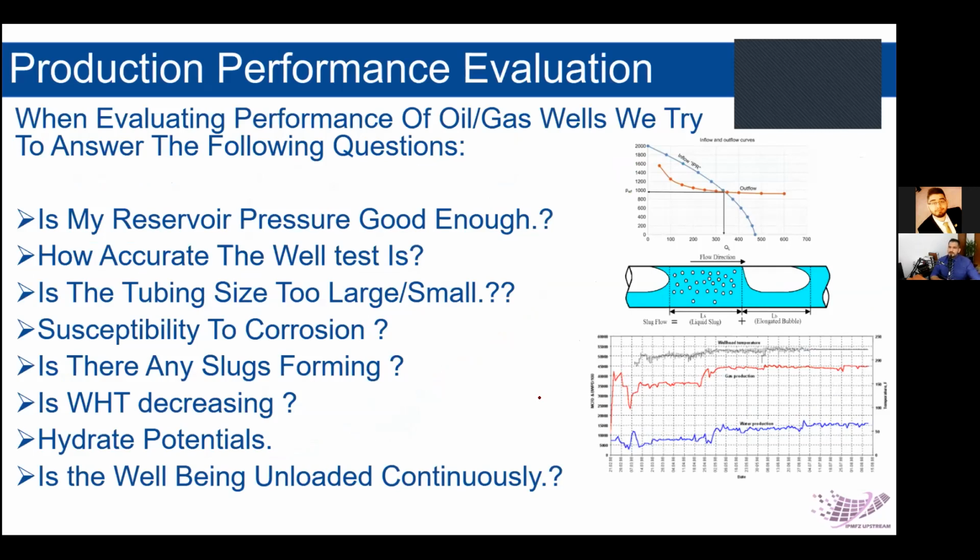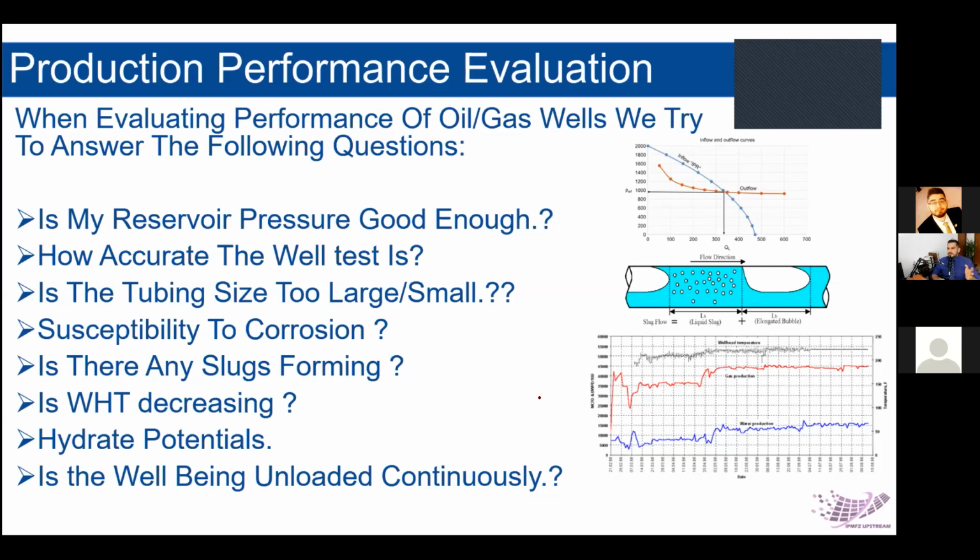You need to know that. And how much has the reservoir pressure changed over time, for example, in the past couple of years? You need to know how accurate your well test data is. This is a very vital part of any production modeling. Some well tests get invalidated very soon, for example, in a month they change.